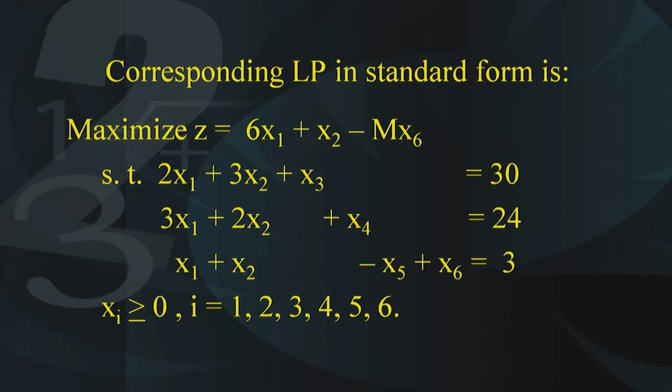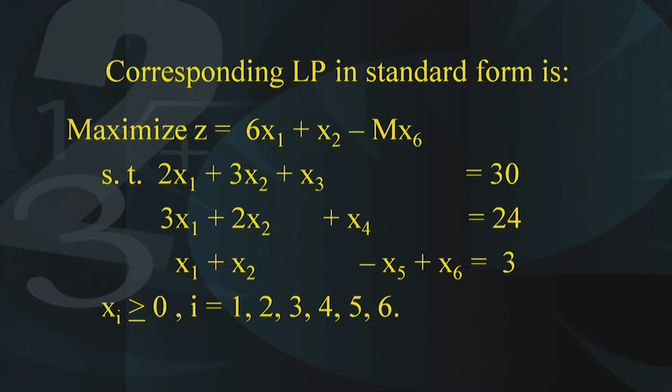I hope everyone has followed that. Since the third constraint was of the greater than or equal to type, we had to subtract a surplus variable, and since we do not have a basic variable in the third equation, we need to add an artificial variable, which is x6, in the third constraint.